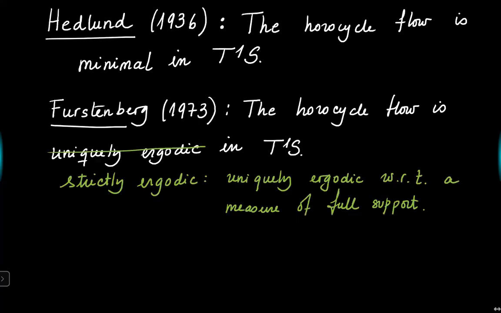So in a sense, the horizontal flow is very well behaved. In his 1973 paper, Furstenberg speaks about the horocycle flow being strictly ergodic, by which he means it's uniquely ergodic with respect to a measure of full support, which is in this case the Liouville measure. This is a terminology that will come in handy.